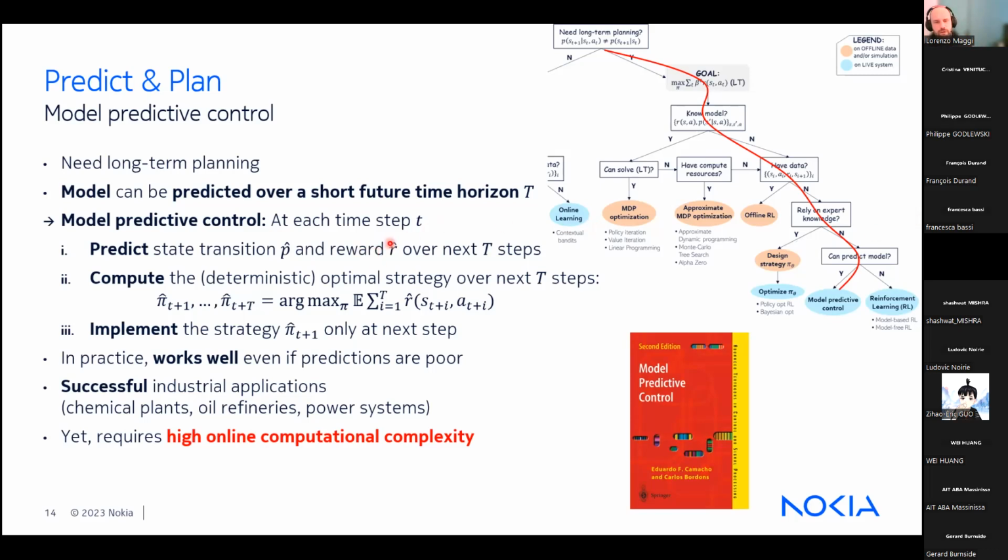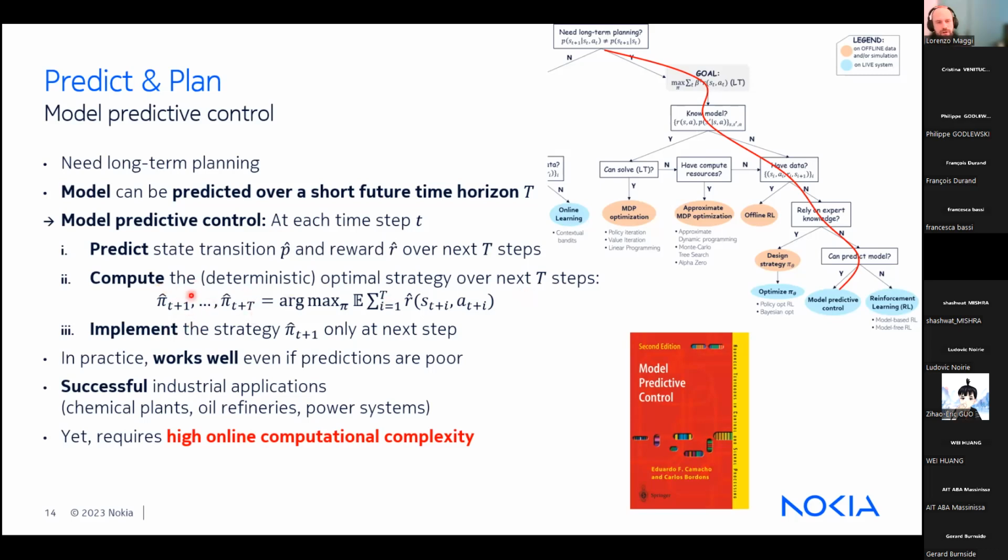You're predicting the reward function over these steps, because the reward function can also, in principle, vary in practical applications. And then a reasonable thing to do is to compute the optimal strategy, deterministic in this case, over the next t steps, assuming that your estimations were perfect.